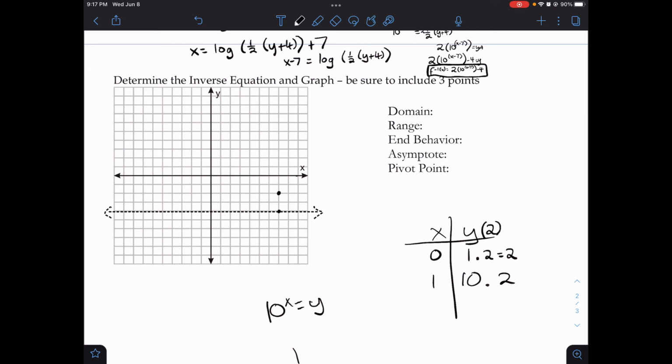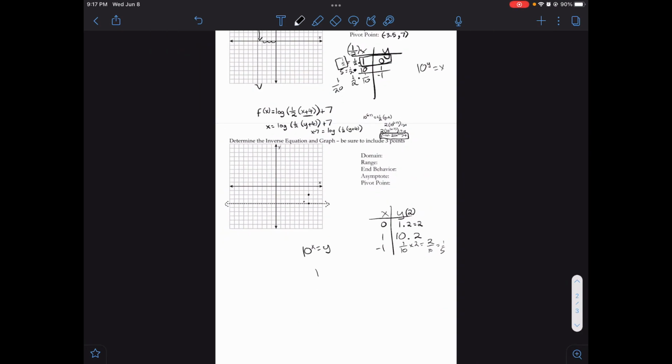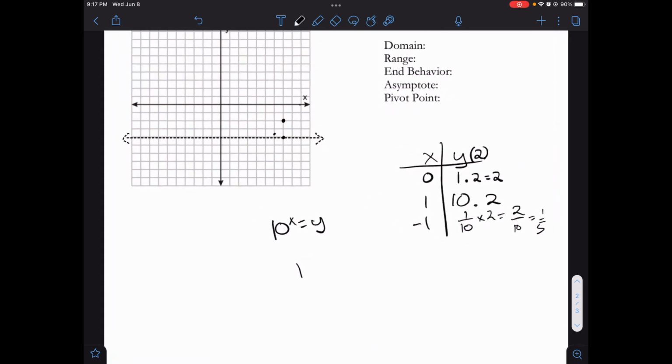So let's plug in a -1. We get 1/10 times 2, meaning we get 2/10, which is 1/5. So -1 and 1/5. So 1/5 is less than 1/2, so it's going to be somewhere around there.